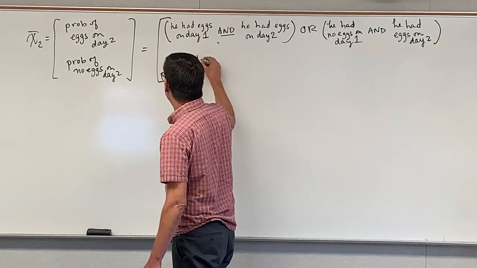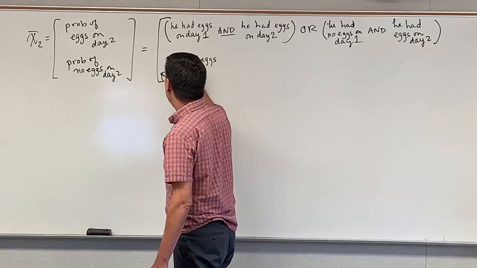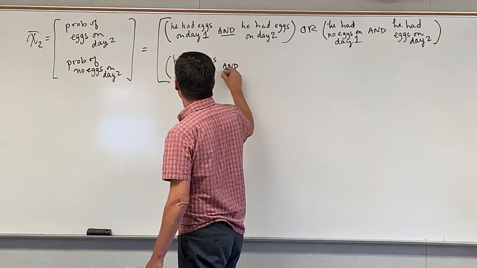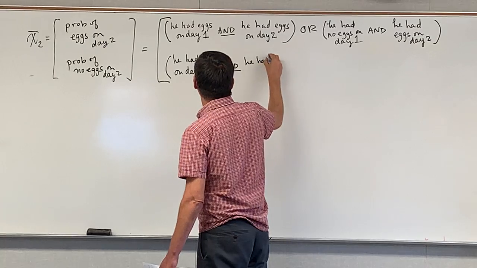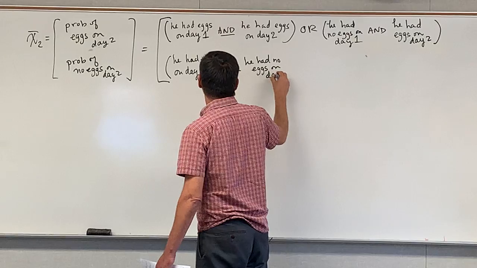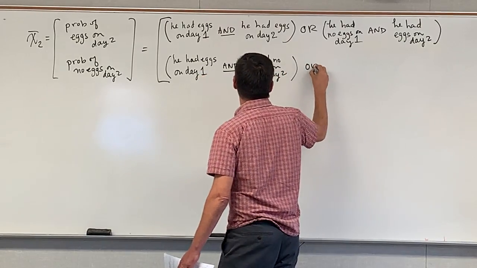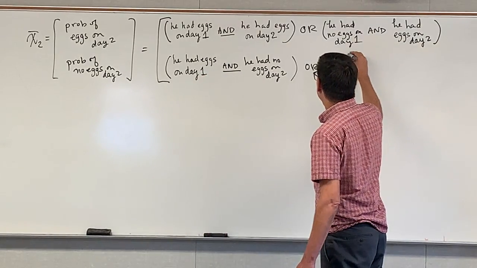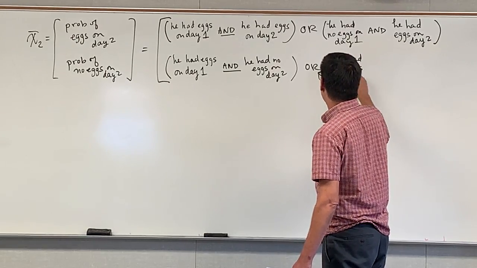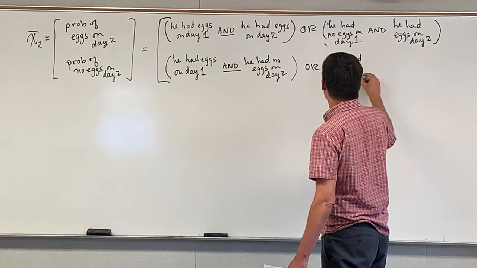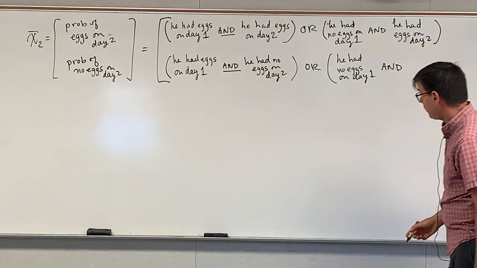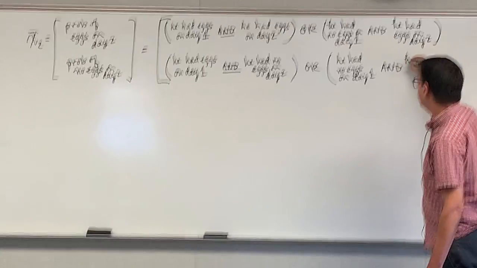He had eggs on day 1, and he had no eggs on day 2, or he had no eggs on day 1, and he had no eggs on day 2.